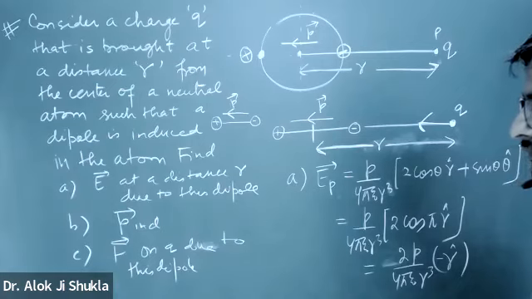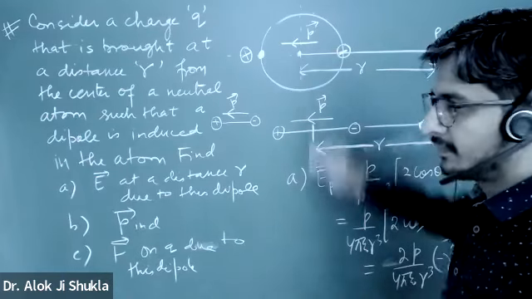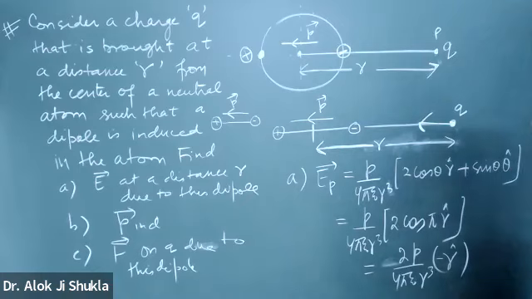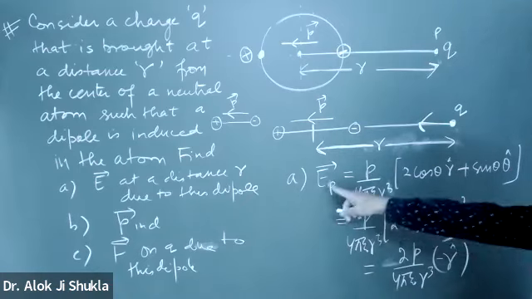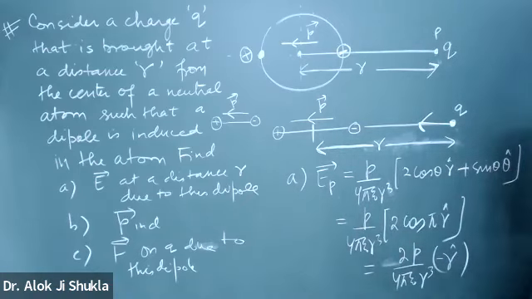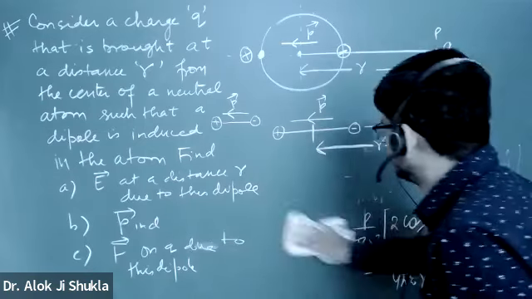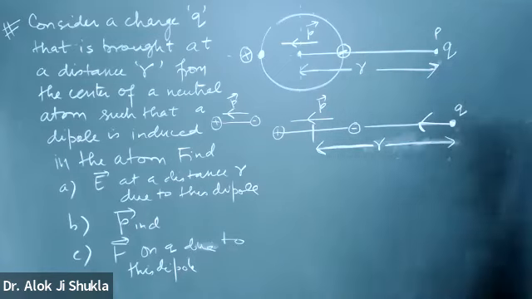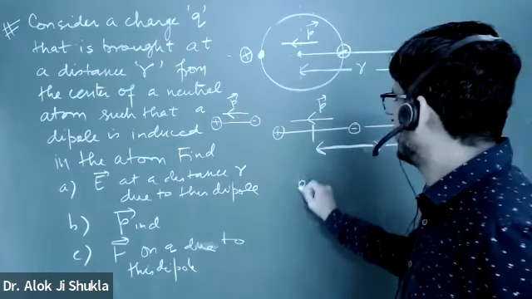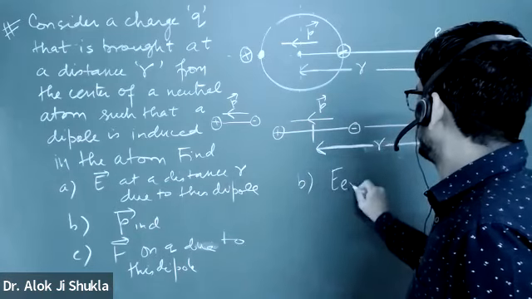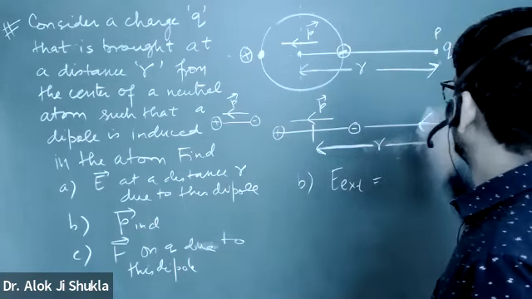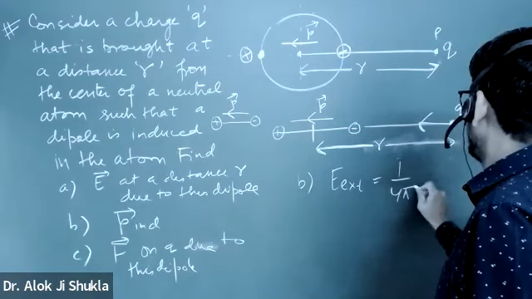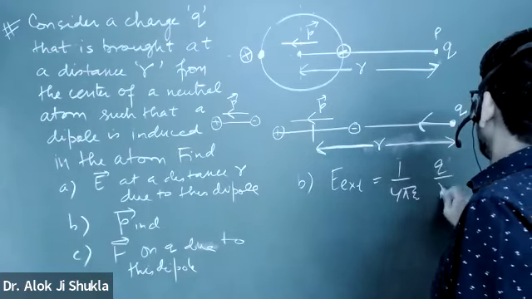So what is the external field on this atom? Can I erase this? Yes. What is the field applied, so E external is how much? Because of this charge, 1/4 pi epsilon naught q by r square.